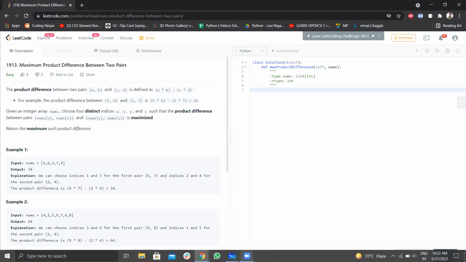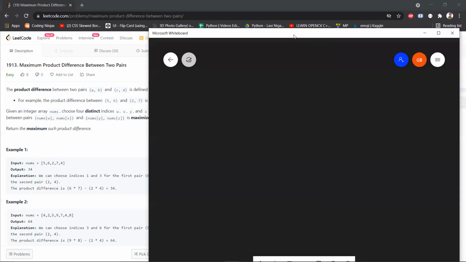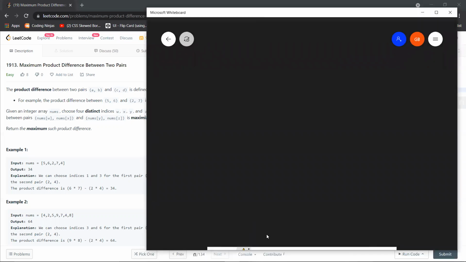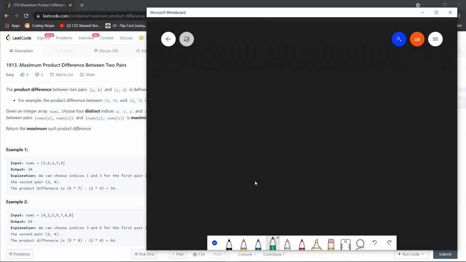So let me switch to the whiteboard over here. Now, this question is very simple enough to solve, isn't it? Let's understand some simple logic over here, which will help us form many ways to solve this question. So we have been given an array 5, 6, 2, 7, 4, and we need to find A into B minus C into D such that this difference that we get is maximized.